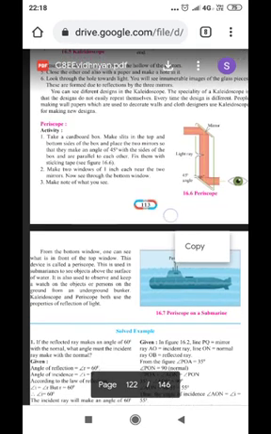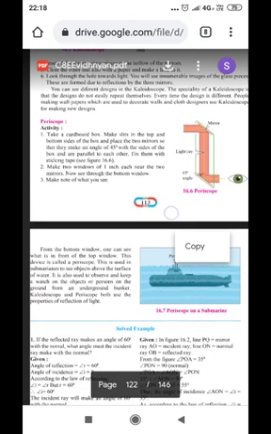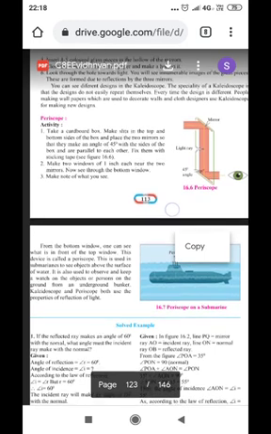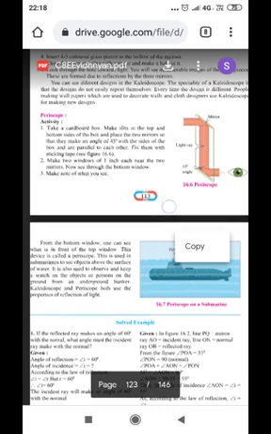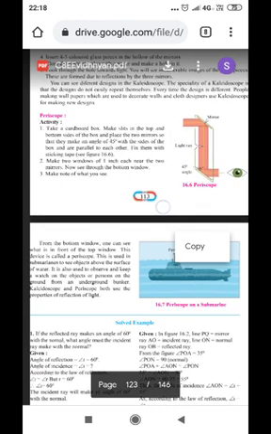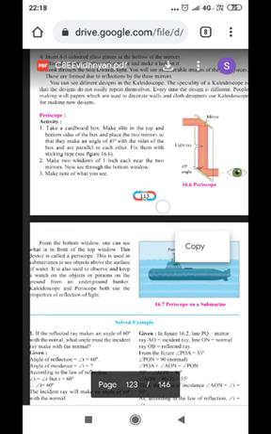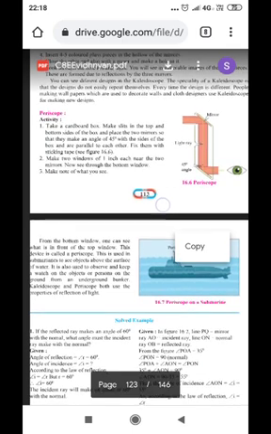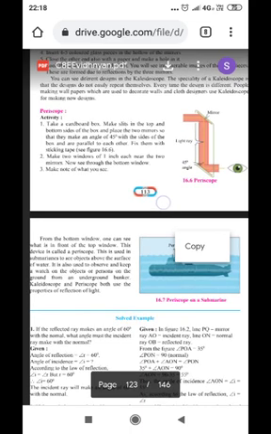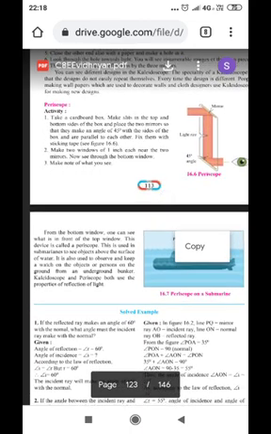These are formed due to the reflection of the three mirrors. You can see different designs in the kaleidoscope. The specialty of the kaleidoscope is that the designs do not easily repeat themselves. Every time the design is different. People making wallpapers used to decorate walls, and clothes designers, use the kaleidoscope for making new designs.